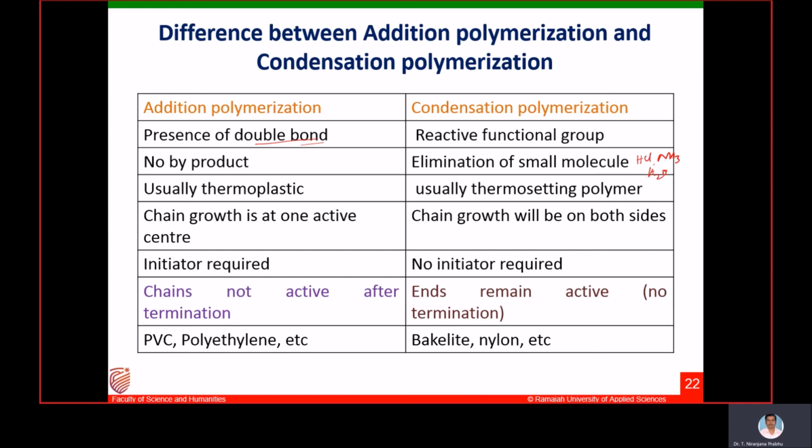If you provide the monomers again, it can continue. Examples include bakelite, a cross-linked polymer of phenol formaldehyde, nylon 6,6, nylon 6, epoxy resin, and polyesters. All these come under condensation polymers.